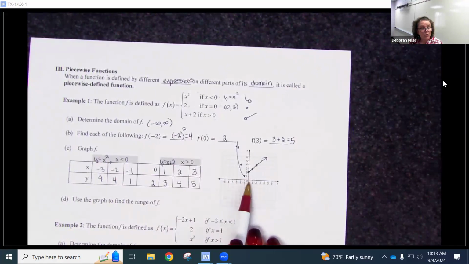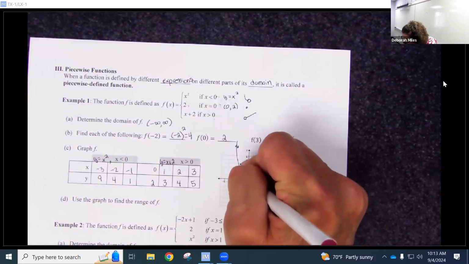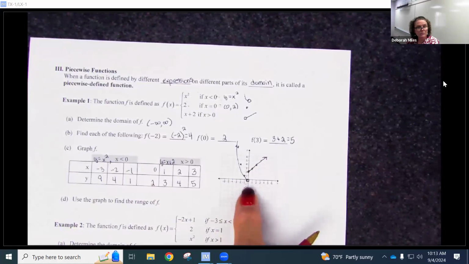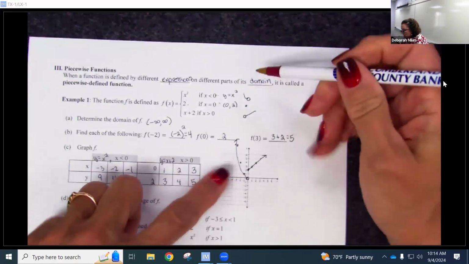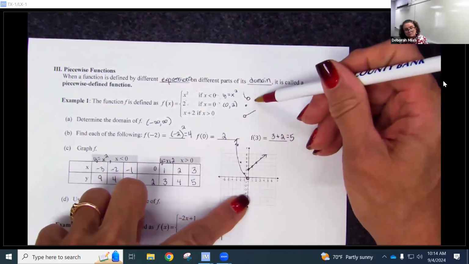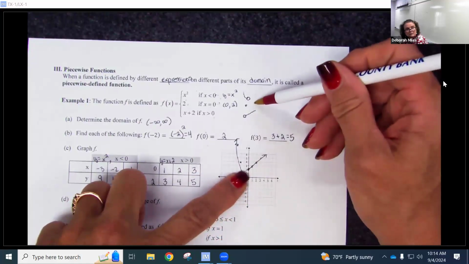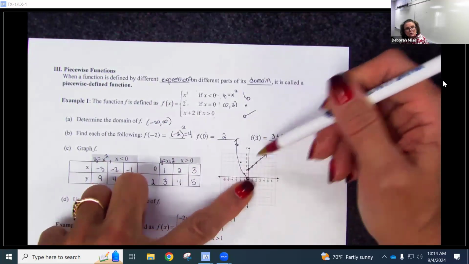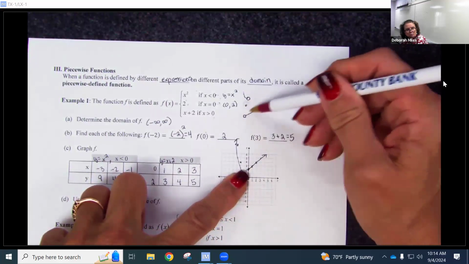They all go all the way to 0. So I need to make that parabola go all the way to 0, but not include the 0. And that's my half a parabola with an open dot on the end. That's my 0, 2 with a closed dot. And that's my half a line, which would have an open dot, except it's already filled by this point.